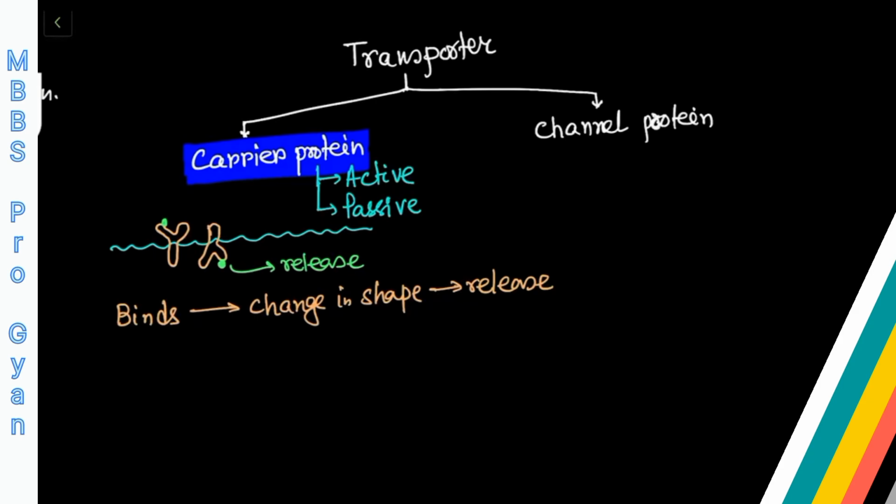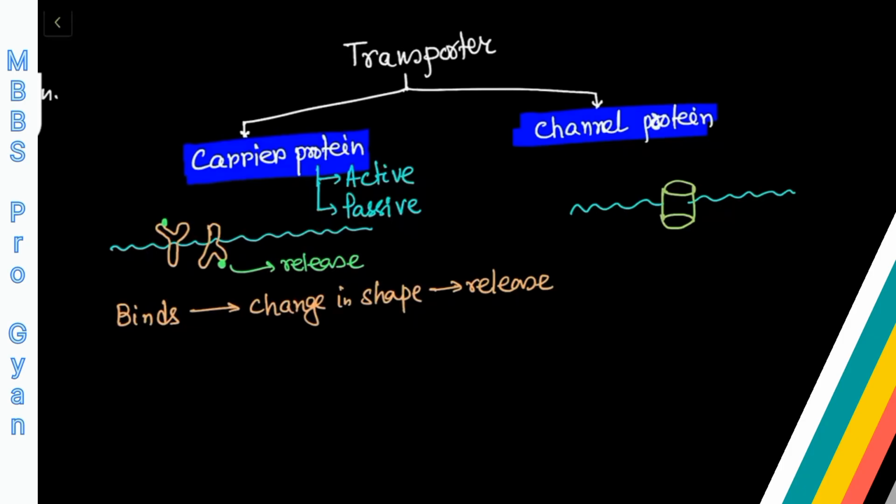But if you look at the channel protein, suppose this is your plasma membrane, and on this plasma membrane there is a channel protein present here. This channel protein contains one pore inside.